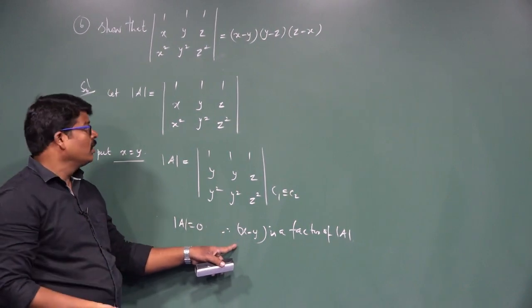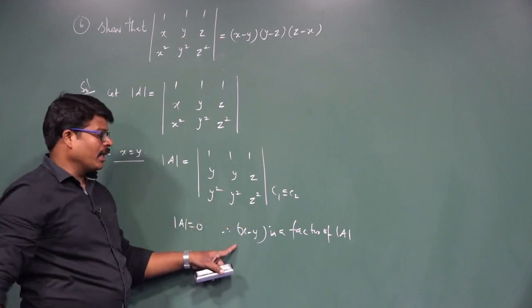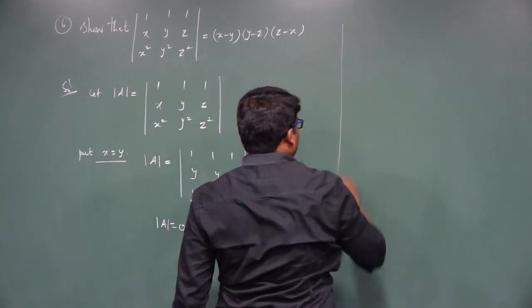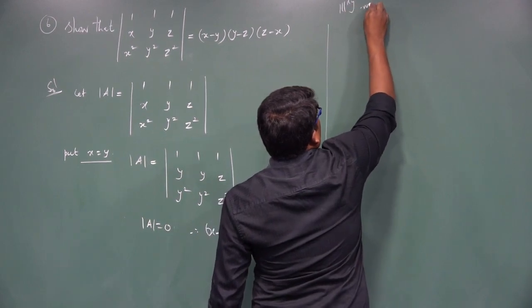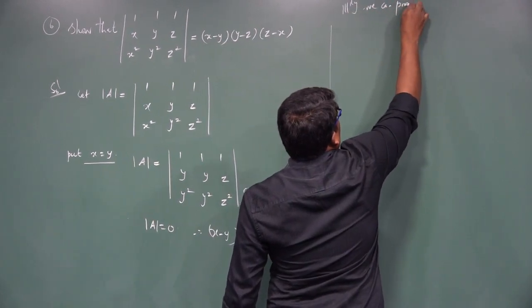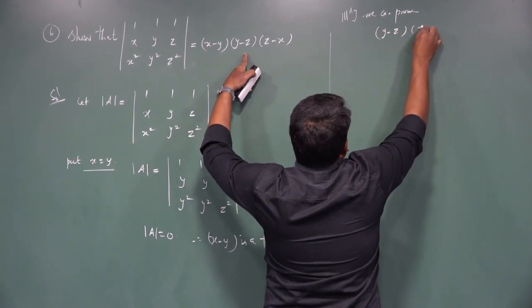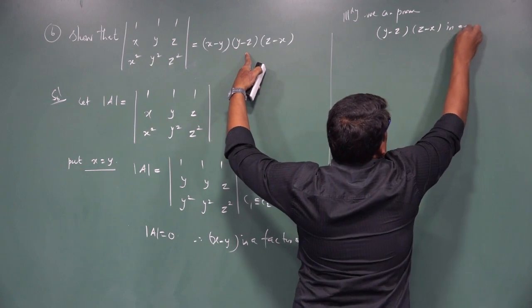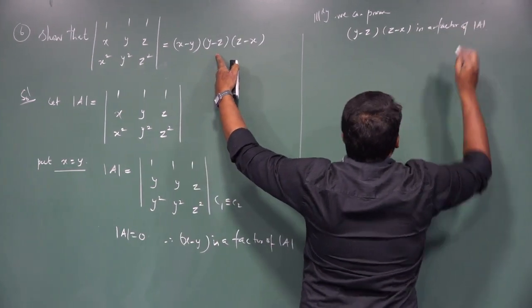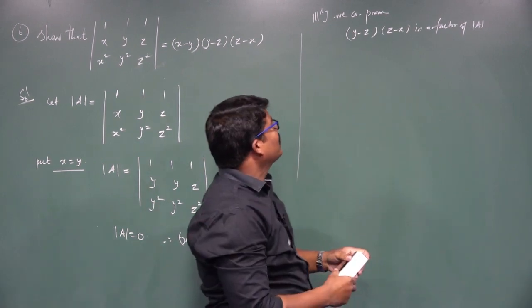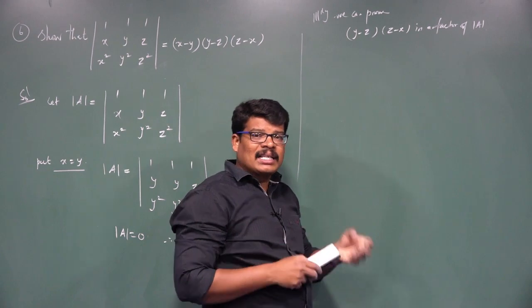Similarly, we can prove y minus z and z minus x are factors of determinant A, since the determinant is in a cyclic symmetric form.